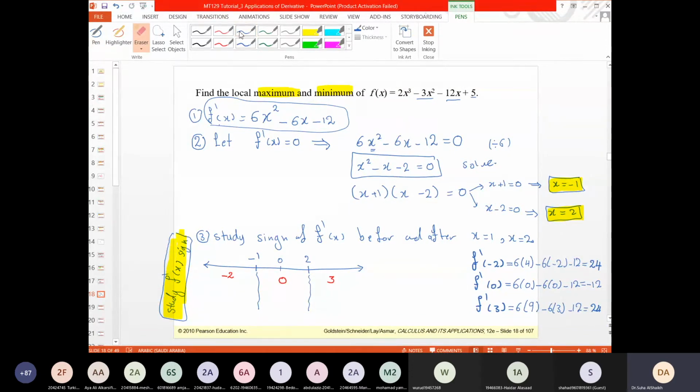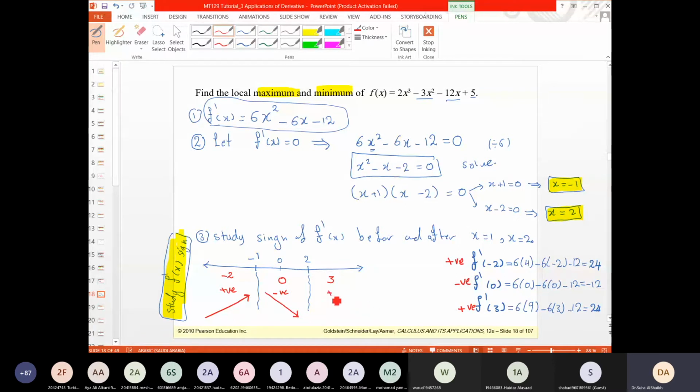So what I care about is whether it's positive or negative. This one is positive as you can see. This one is negative. This one is positive. So we come back here. At the -2 it is positive, which means it is increasing. At the 0 it is negative, which means it is decreasing.